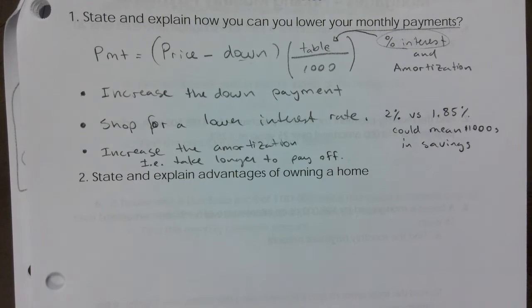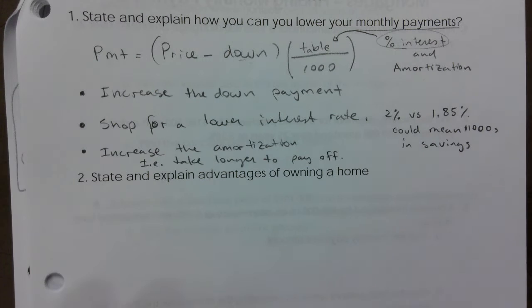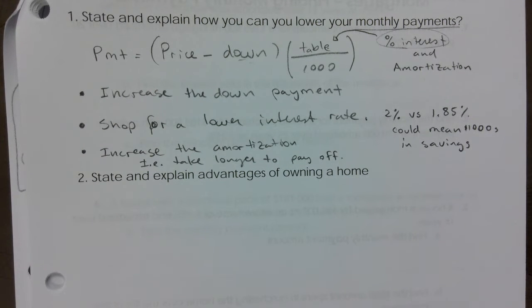Right? You take longer to pay off. So there are 30-year mortgages out there. Most of the time it's 25, but there are 30. There's also, when I bought my first house, this was probably 12, 15 years ago, there was a 40-year mortgage, 40. I don't think those exist at this time, but you could do that.